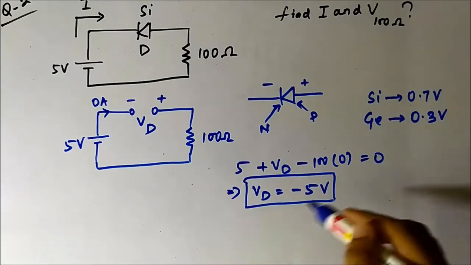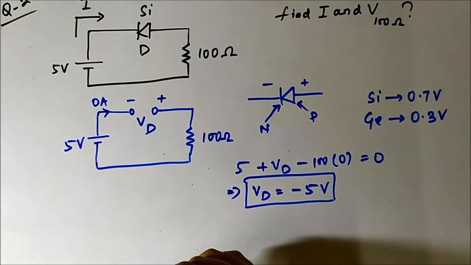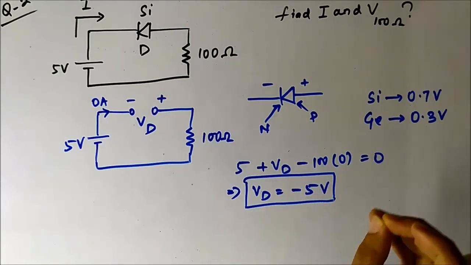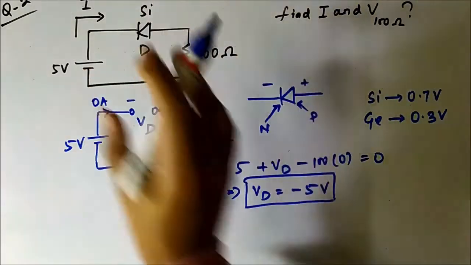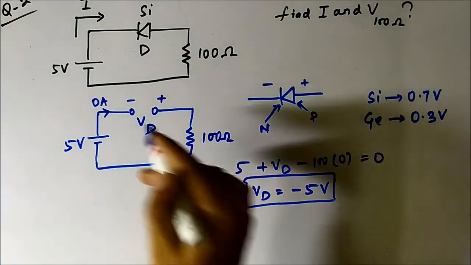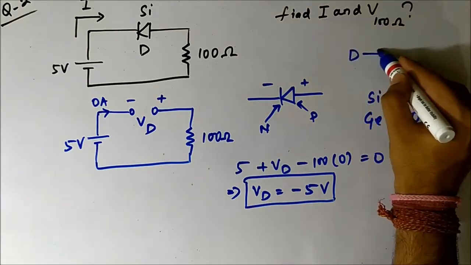Here it is nowhere close to this, it is negative. It's not even in the lower positives. So no way that this diode can be turned on in this situation. So this diode is off.